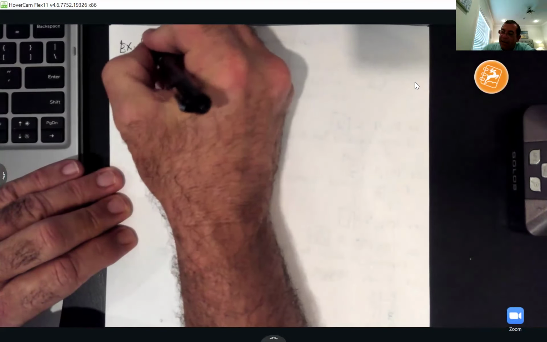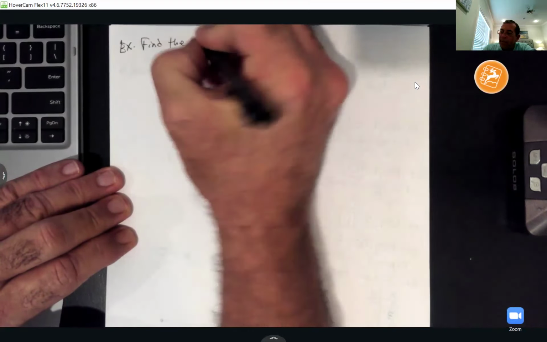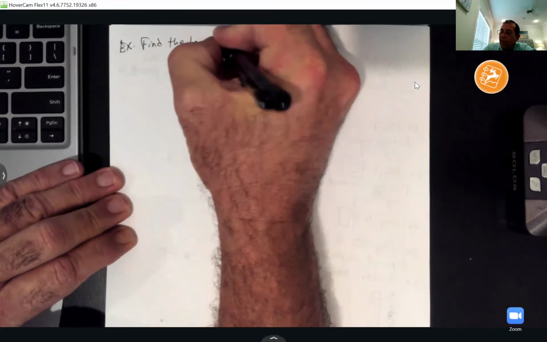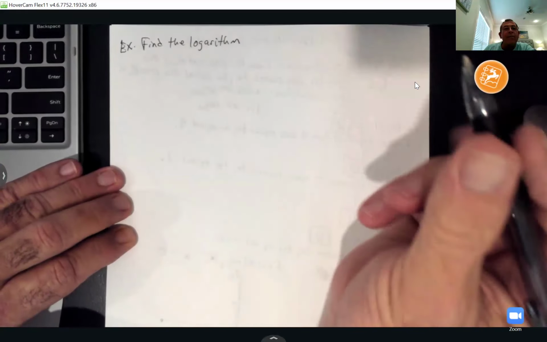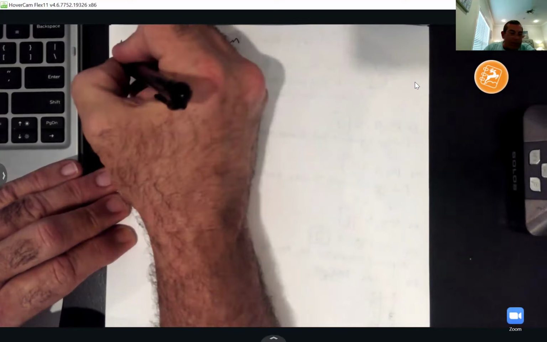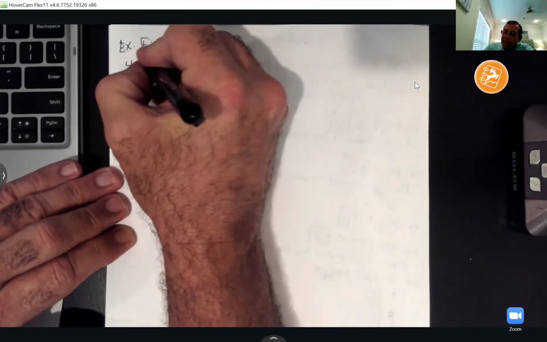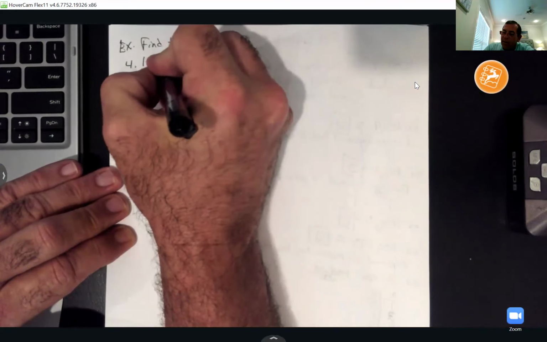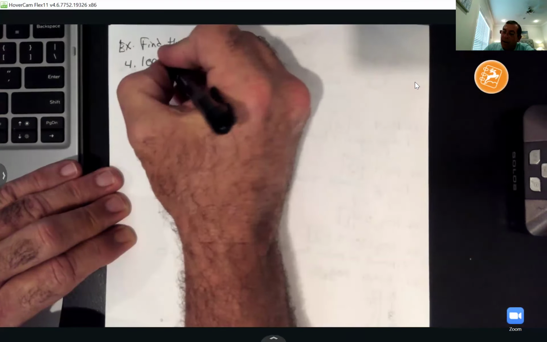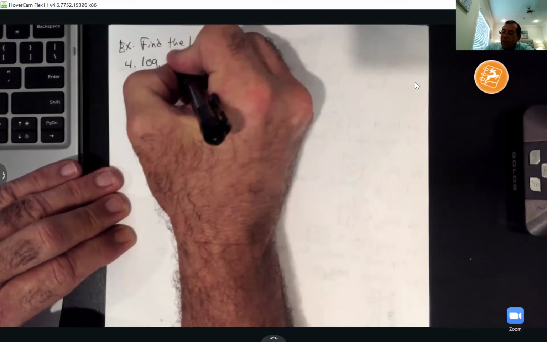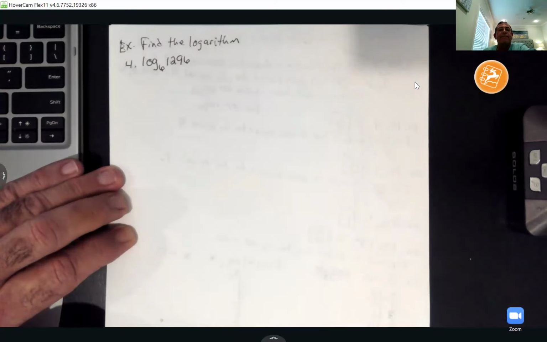So y'all, for these examples, y'all are going to find the logarithm or the exponent, right? So these will start around number 4. So one of y'all find me this, the log base 6 of 1,296.